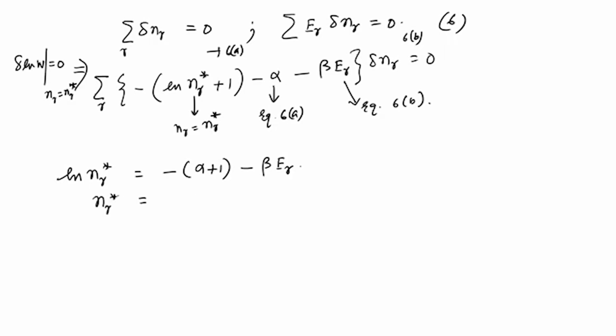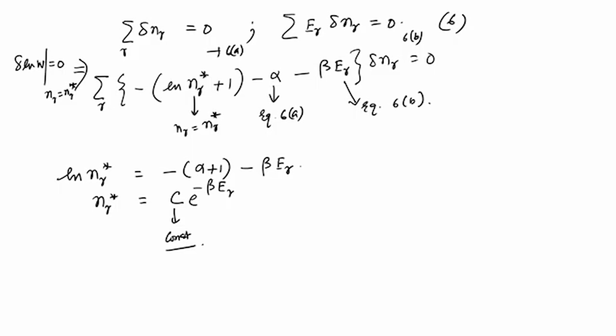So NR star becomes a constant times exponential minus beta ER. This alpha plus 1 becomes a new constant, and everything put together, this C is the constant. So what it means is that we have been able to find a distribution of particles which is most likely to occur, so that we get the equilibrium thermodynamic quantities as outcomes of experiments.